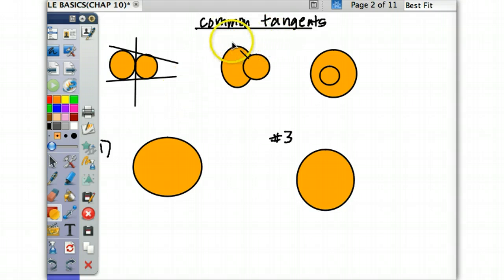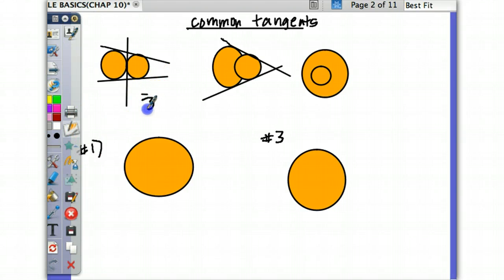Not perfect, but a little bit better. They're going to touch right here, and then we can get a second one here. So we've got two.